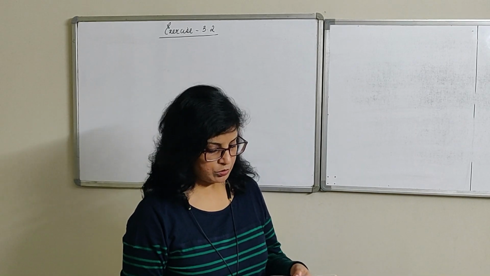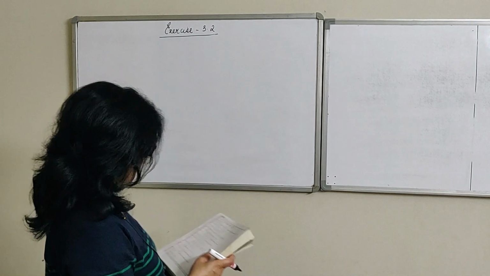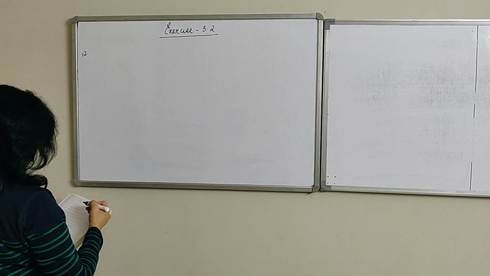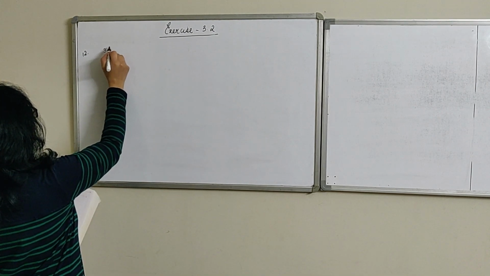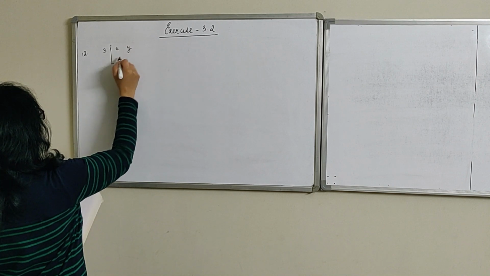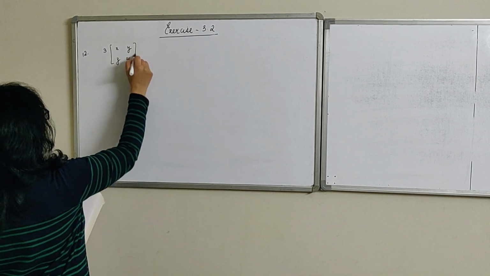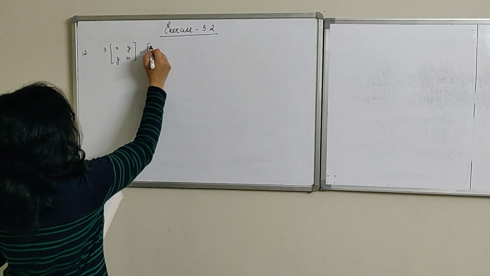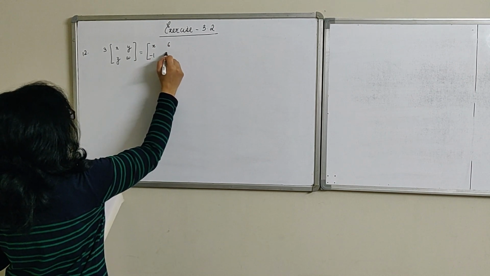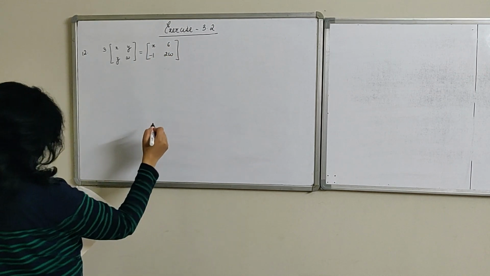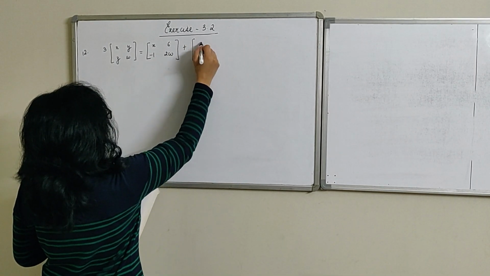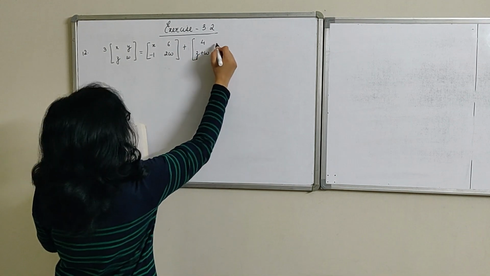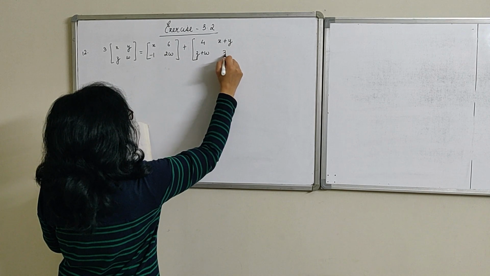So next I am going to take up your question number 12. In the 12th question, some condition is given. 3 times a matrix with elements x, y, z, w is equal to another matrix with elements x, 6, minus 1, 2w plus matrix with elements 4, z plus w, x plus y and 3.